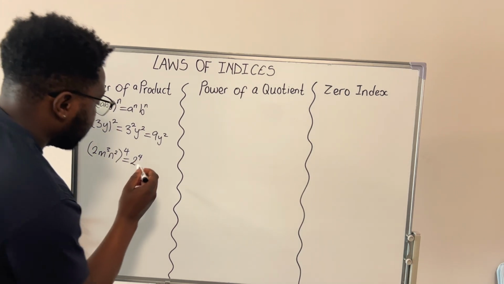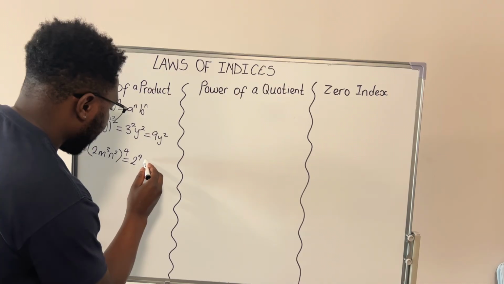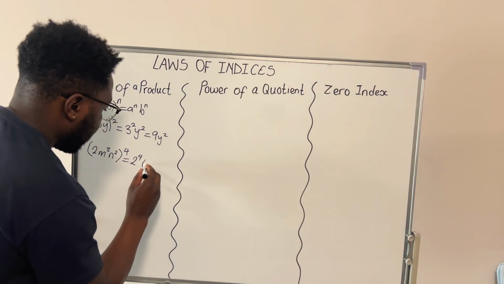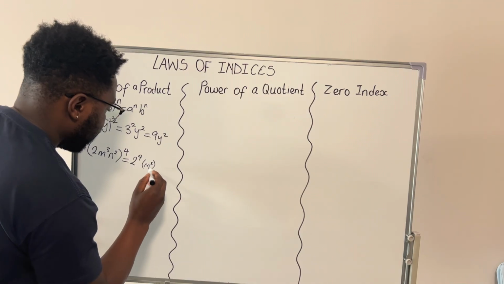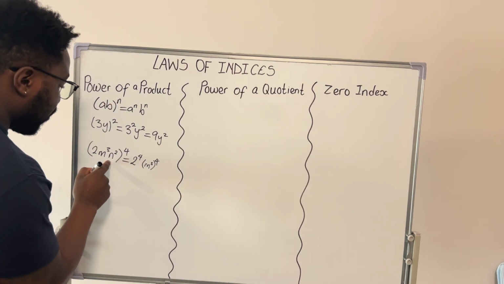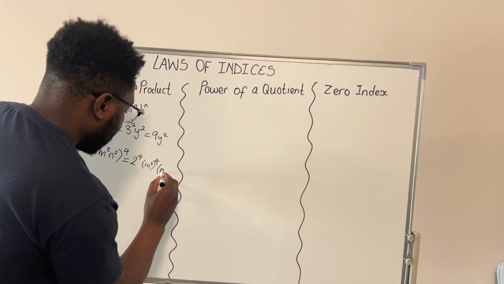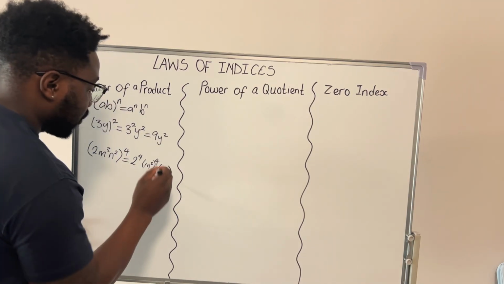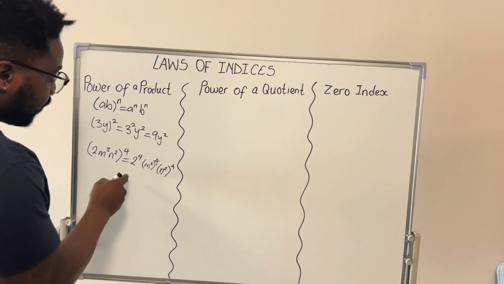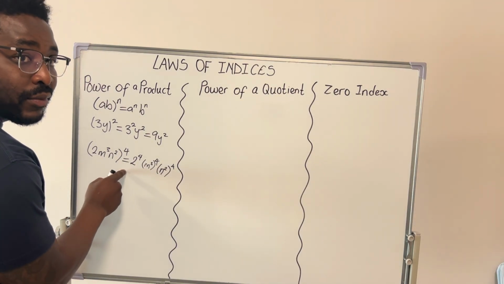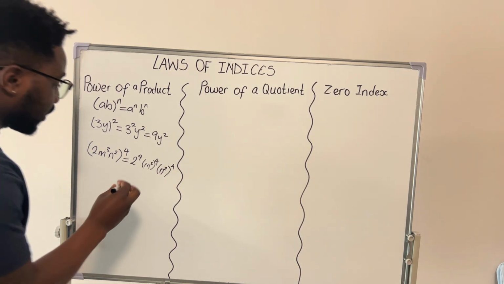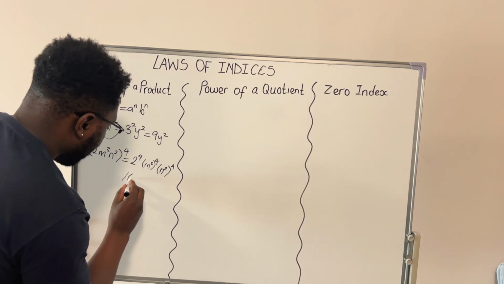I want you to look carefully here. I'm opening my brackets: this factor over here, that's m cubed, raised again to the power 4. My third factor, I'm opening my brackets, n squared raised to the power 4. Our first term, if we evaluate it, 2 to the power 4 is 16.